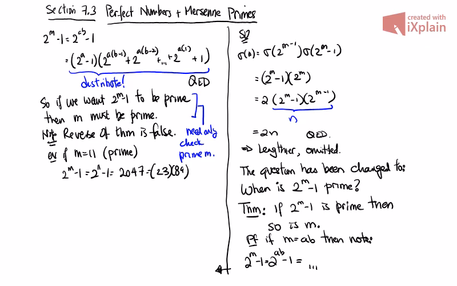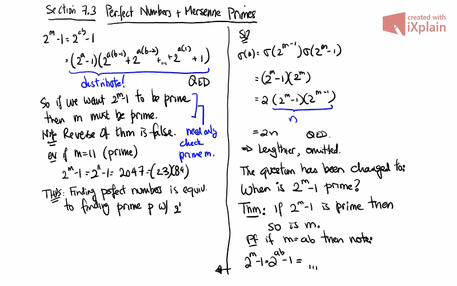So this is the situation then. Just to summarize, finding perfect numbers is equivalent to finding primes p with 2 to the p minus 1 also prime.